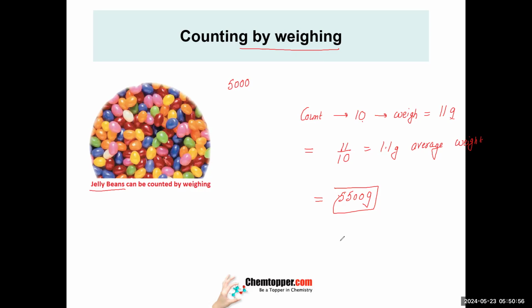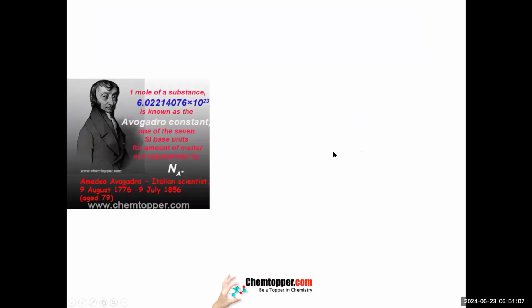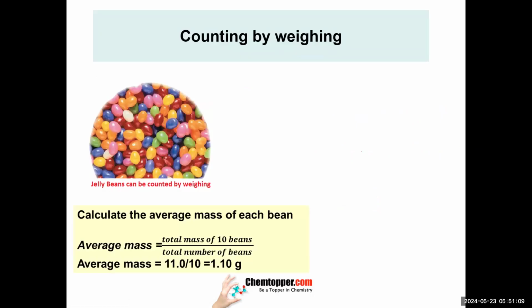Exactly in the same way, Avogadro's number is very big. We are never going to count it. The reason is the same: the number is so big, we would need multiple lifetimes to count it, right?